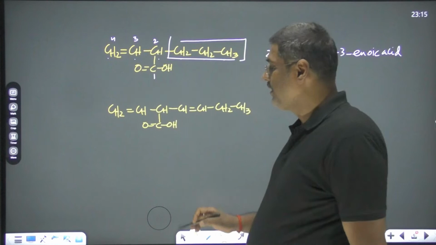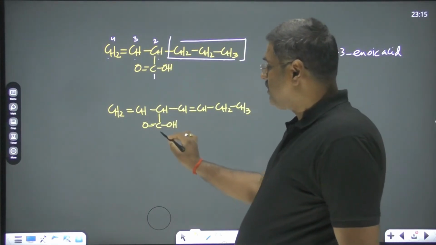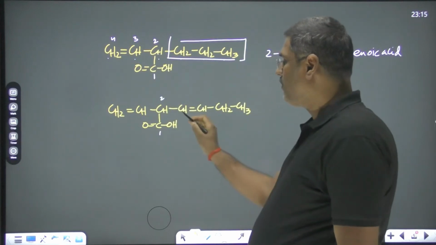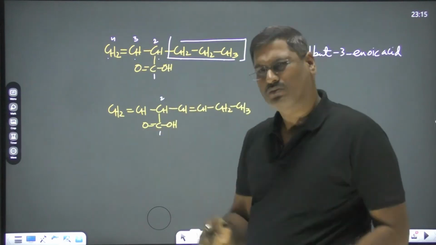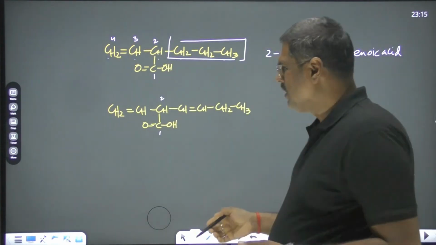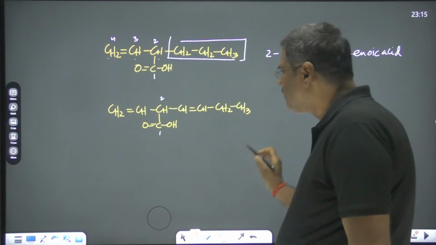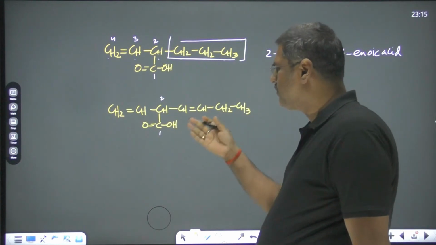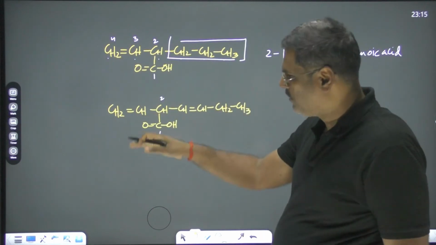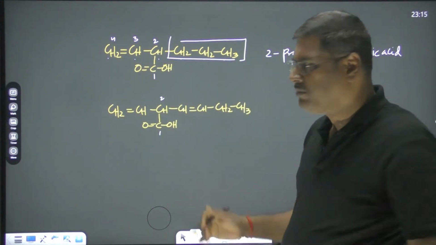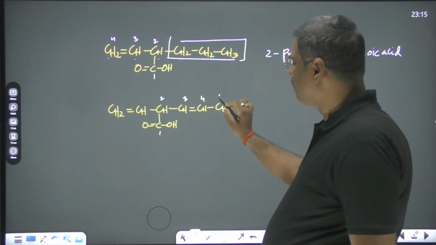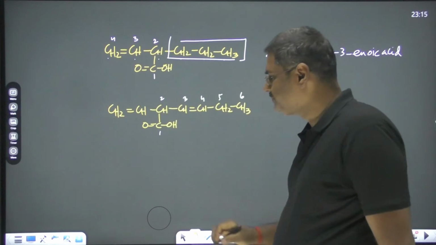Let's take here. The chain in this case will start from here. This is 1, this is 2. Now the double bond is this side also, that side also, automatically, right? This is a very general understanding that as the double bond is present both ways, this way also, that way also, we choose the one with more carbon atoms. So this one is 2, this one 3, this one 4, this one 5 and 6.